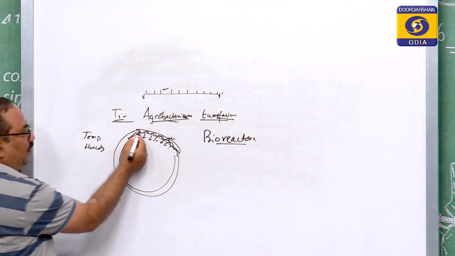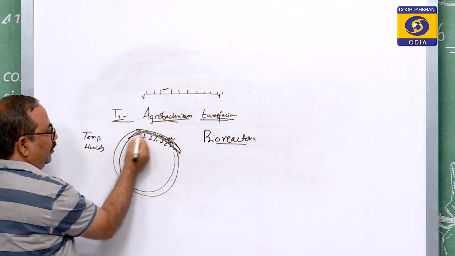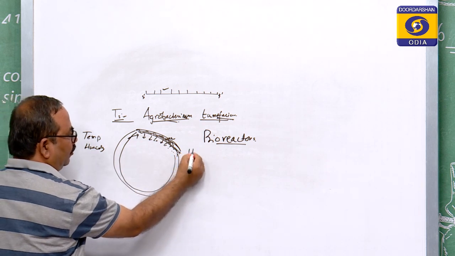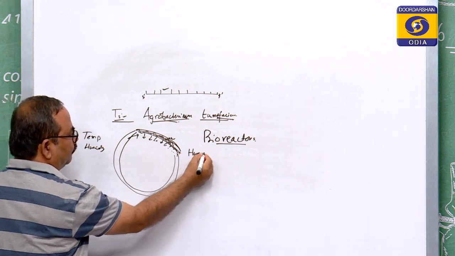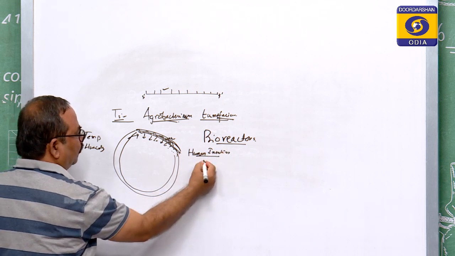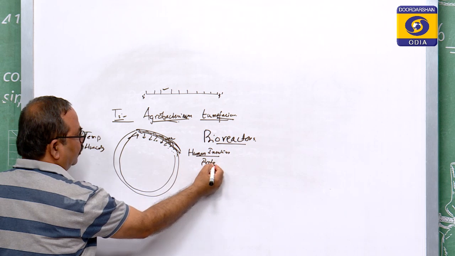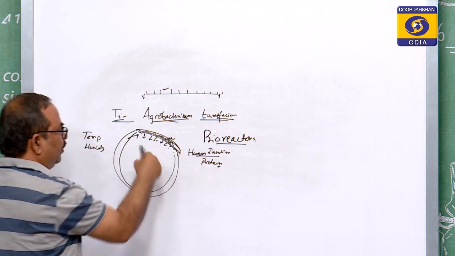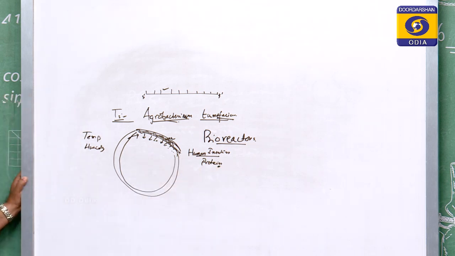Suppose this piece of gene is synthesizing human insulin or a particular protein which is required in huge quantities.